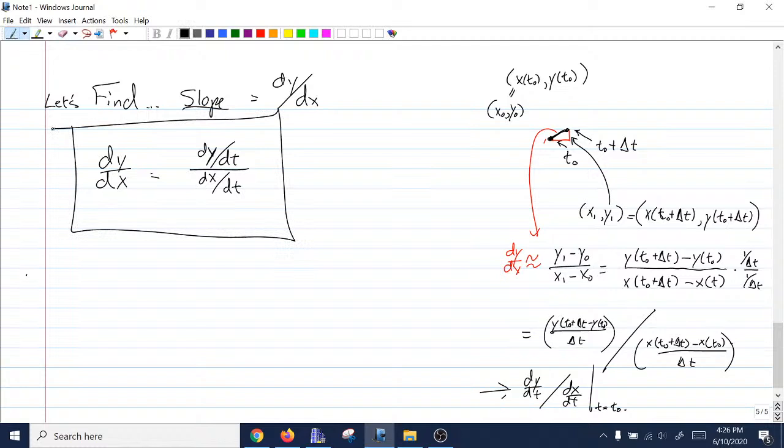So that's cool. It's worth noting that these mnemonic devices don't always work out. There will be a version in Cal 3 where dy dx is delta y delta t over delta x delta t, but with a minus sign. So don't get too used to these mnemonics. But when they work out, it's nice. Here's dy dx.